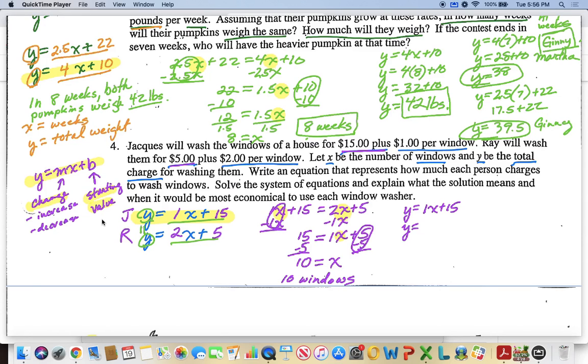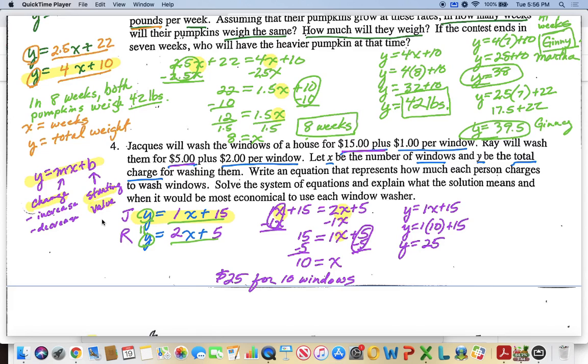This time we'll substitute 10 in for x. 1 times 10 is just 10. 10 plus 15 is 25. So when a house has 10 windows, both Jacques and Ray will cost $25.